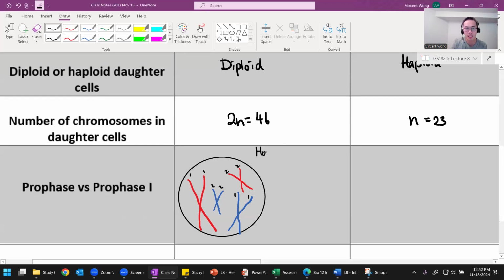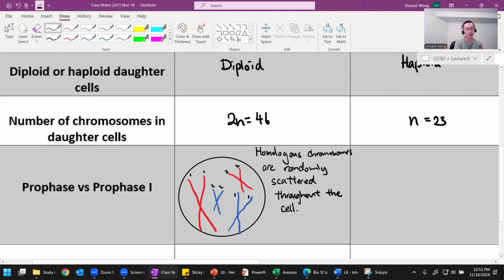So homologous chromosomes are randomly scattered throughout the cell. They're just here and there, all over the place, not really having any pattern or organization to it.